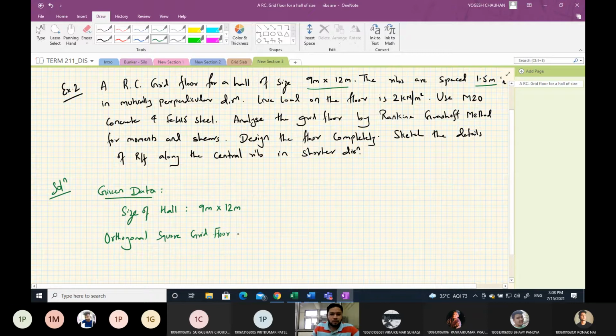The rib spacing equals 1.5 meters center to center.